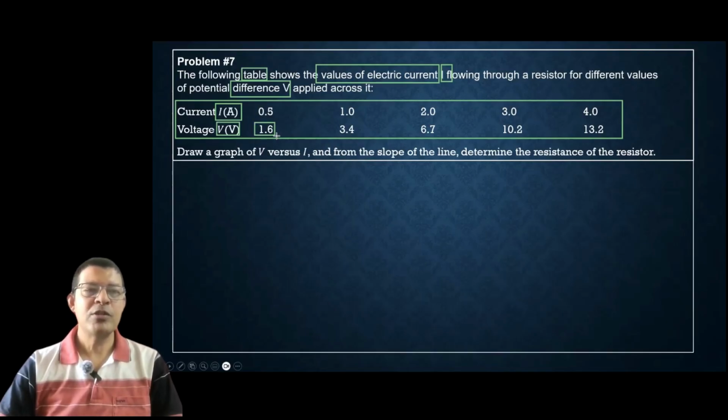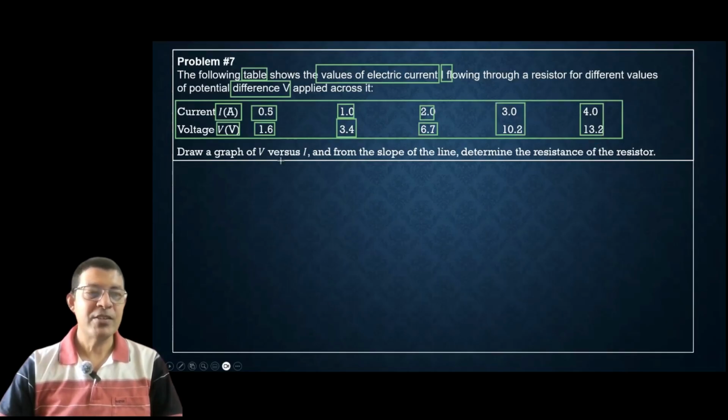For 1.6 volts, 0.5 ampere of current is flowing. For 3.4 volt, 1.0 ampere current is flowing. Likewise for the others, this is 0.4 and this is 0.5.